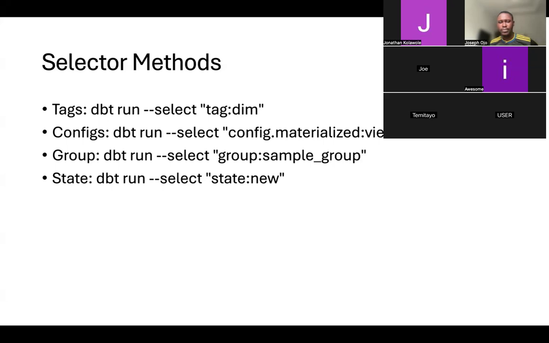I created a macro that creates that function, and the macro is something like the create function statement. So that was what I did using the pre-hook. Then the model is just like select one, something like that. It's PostgreSQL, so it's just creating a table that has just one column and one row. But what it does is create that function for me.